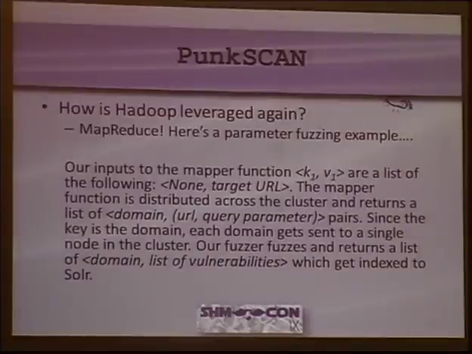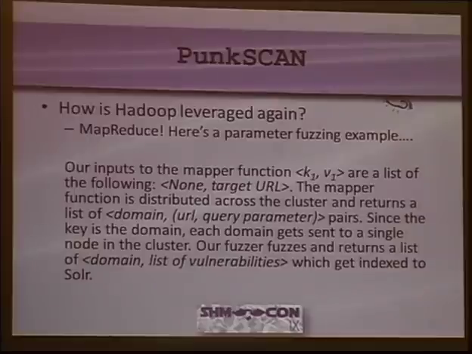The mapper function, if you remember, is going to be distributed across the cluster. And all this really does is parse the URL and return a list of elements with the domain as the key, and a Python tuple of the URL and a single query parameter within that URL. So we've crawled it, and now we're distributing the job to the rest of the machines in the cluster. It does this for every single URL and query parameter combination that's found within the domain.